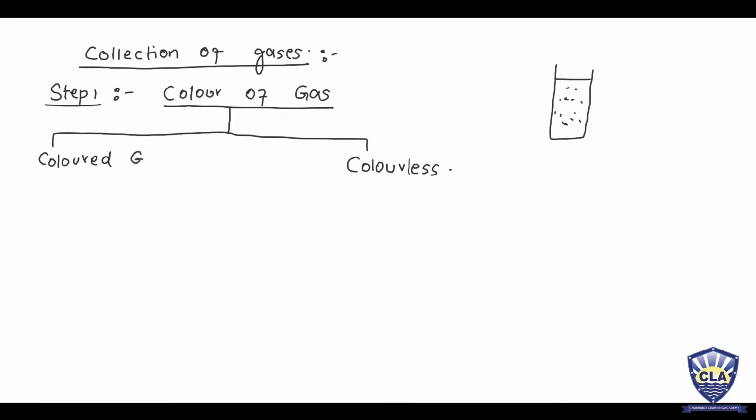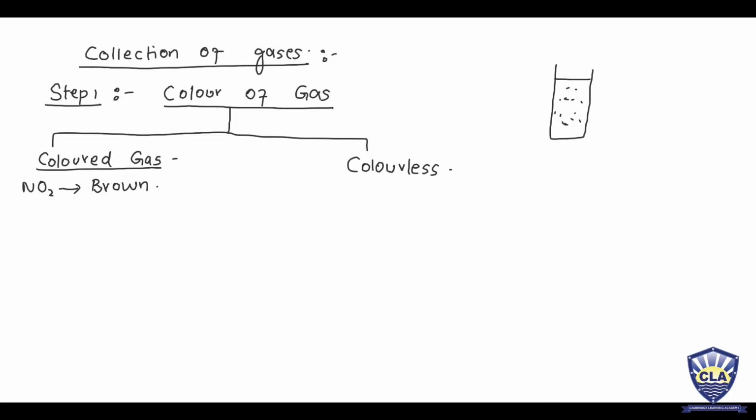Colored gases, remember, are normally three. The first one is NO2, which is brown in color. If you collect nitrogen dioxide, NO2 gas, the color of the gas cylinder would become brown.